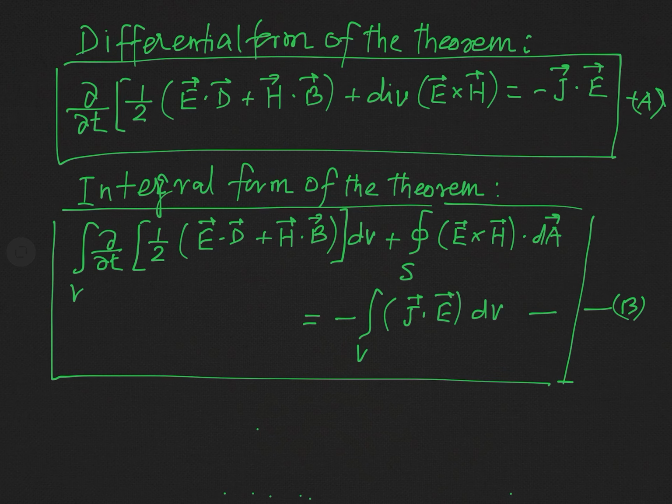That is the only difference. And so these equations A and B represent the mathematical form of the Poynting theorem.